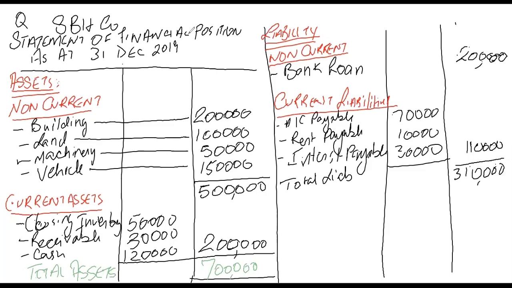3 lakh 10,000. Now, the next part of this liability and equity portion, in fact, what we are calculating right now is the liability and equity. This entire portion is known as the liability and equity portion. So let me draft the equity portion.